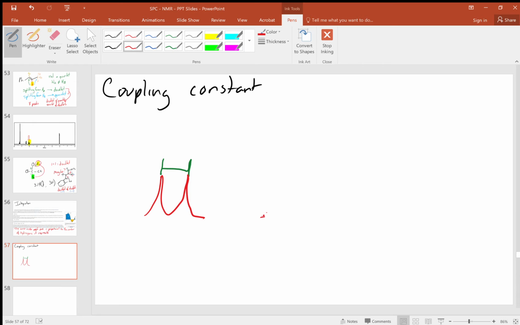Or if we had a triplet, we could measure the distance between the first peak and the second peak, or between the second peak and the third peak. And so the coupling constant is this distance.